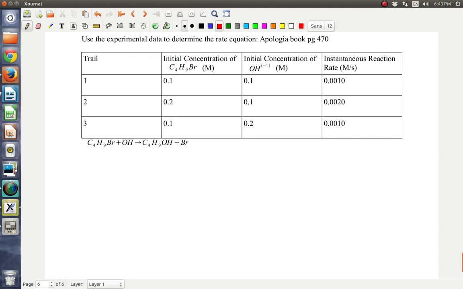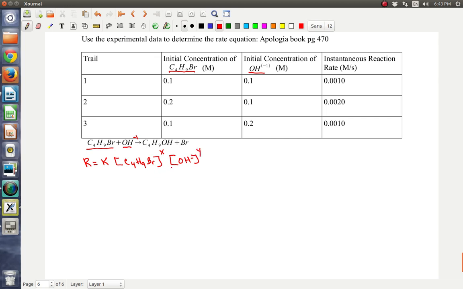Okay, so let's do another one. We have this molecule right here, the first reactant, and then the second, which is actually an ion. It should have a negative 1 up here. The general rate would be the constant times the concentration of C4H9Br to some power x times the concentration of OH negative to some power y.